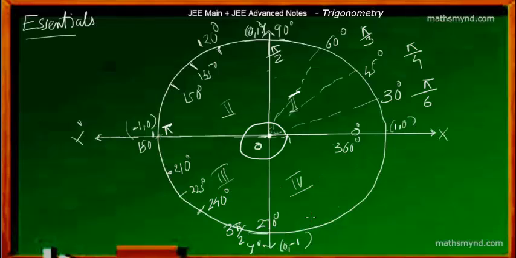And what about the last quadrant? Of course 270 plus 30 degrees. So this would be 300 degrees. That's 270 plus 30. Again with a difference of 15 degrees, this would be 315 degrees.